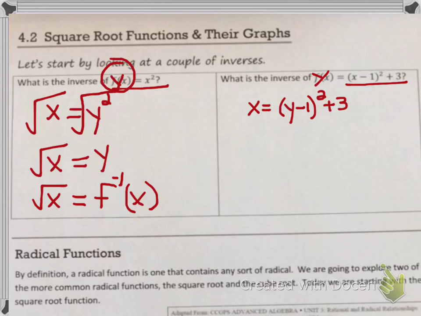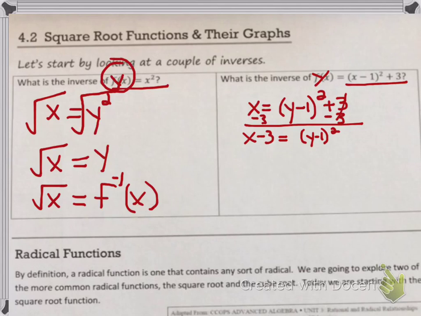In order to get y by itself, the very first thing you have to do is move that 3 at the end. So we subtract the 3 over to the other side of the equal sign. It doesn't combine with the x, it just gets written behind it. And then we rewrite the opposite side. We have y minus 1 squared left, because the 3's canceled.